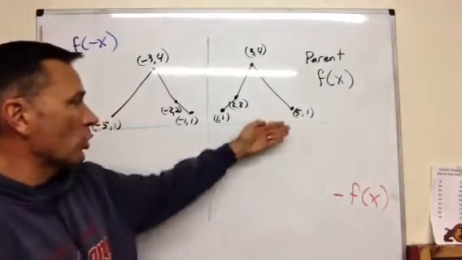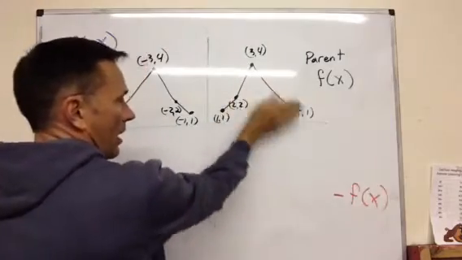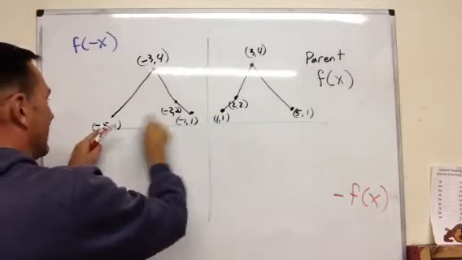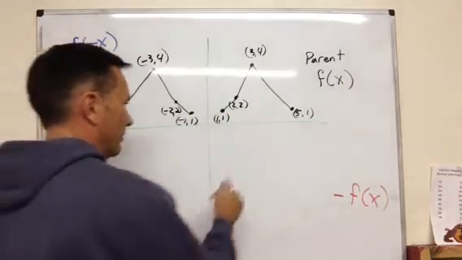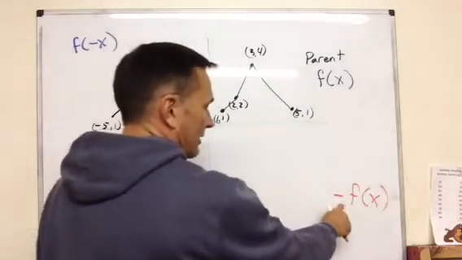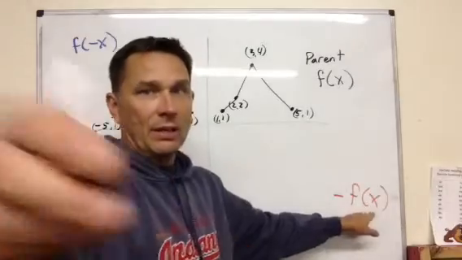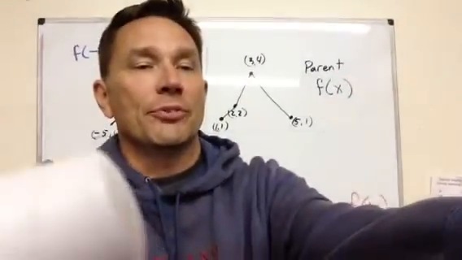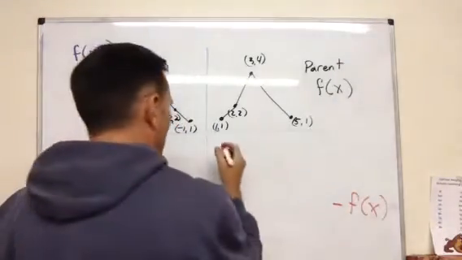If we want to flip it across the x-axis, all right? Now, instead of the x values going from a positive to a negative, it's going to be the y values. And we would represent this as negative f of x, because we're adjusting the outputs, the y values, just like in the previous problems.